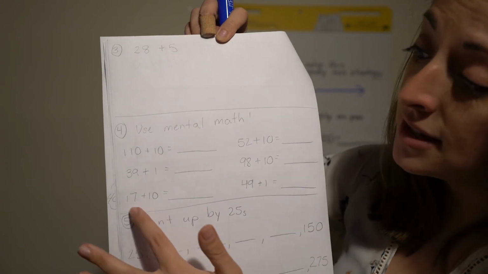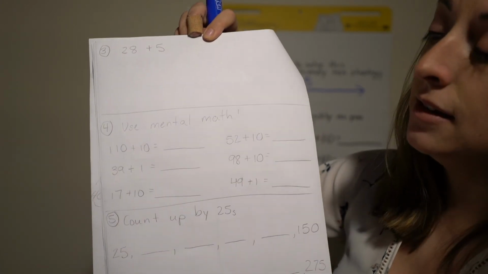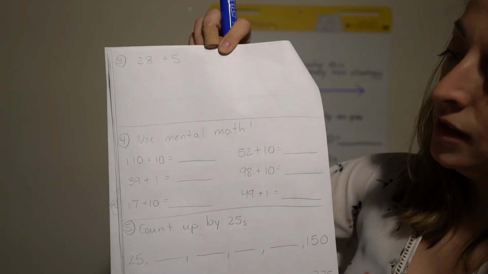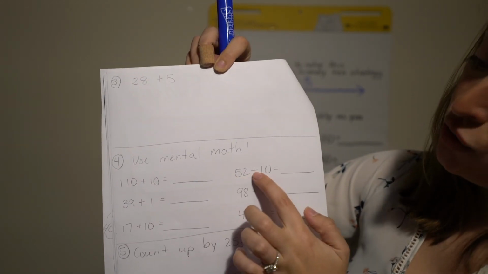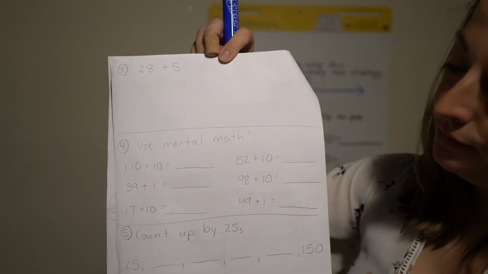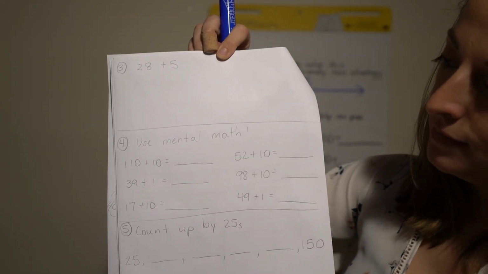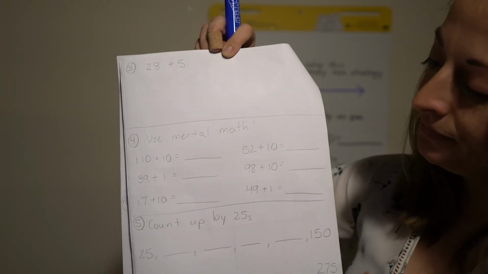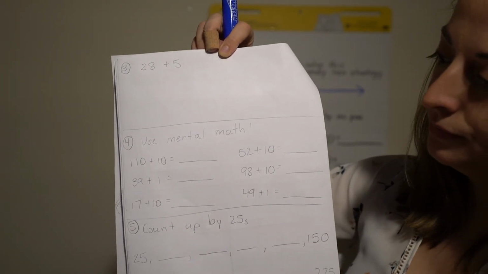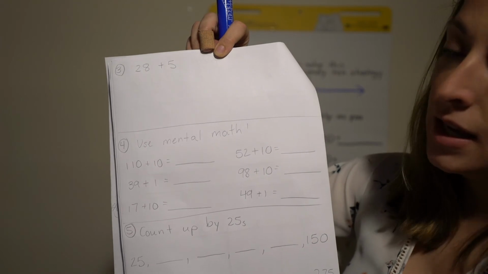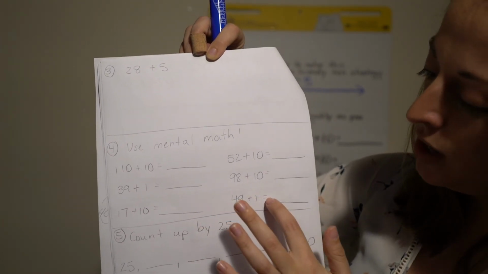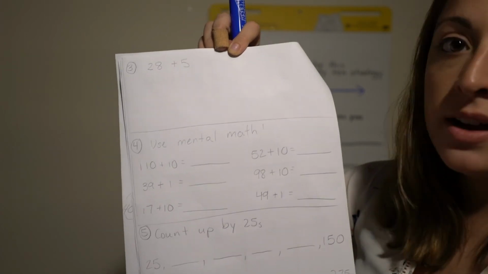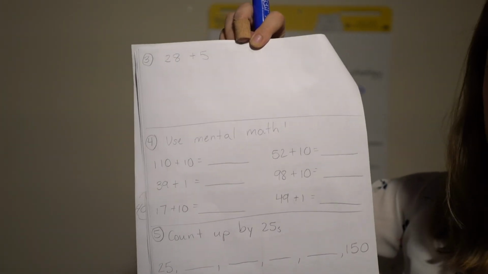Below that one, 17 plus 10 equals blank. Then over here, 52 plus 10 equals blank. 98 plus 10 equals blank. And 49 plus 1 equals blank. You can pause the video if you need a little more extra time.